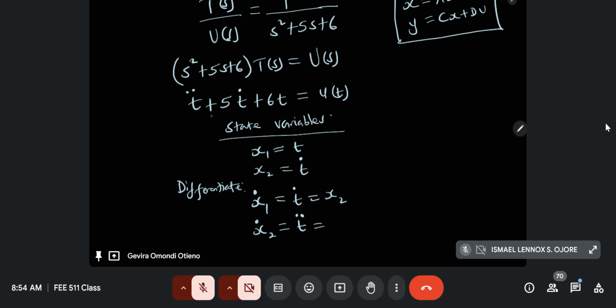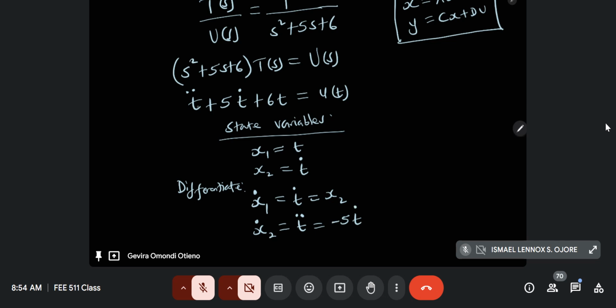Then you come back to the equation here, you find it here. So we make this the subject of the formula so that we can have it in terms of T, the derivative of T and u. So we could say that the double derivative of T is the same as writing minus 5 derivative of T.